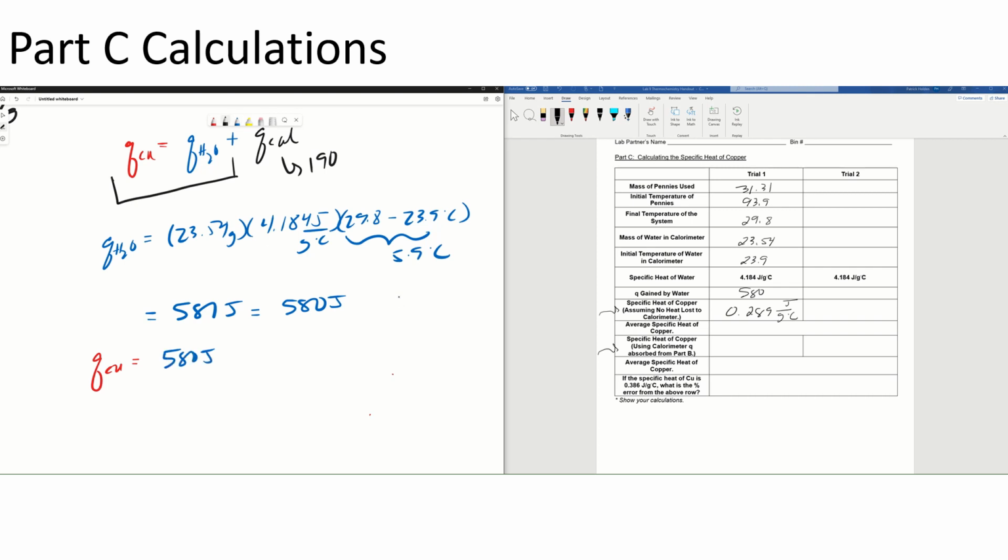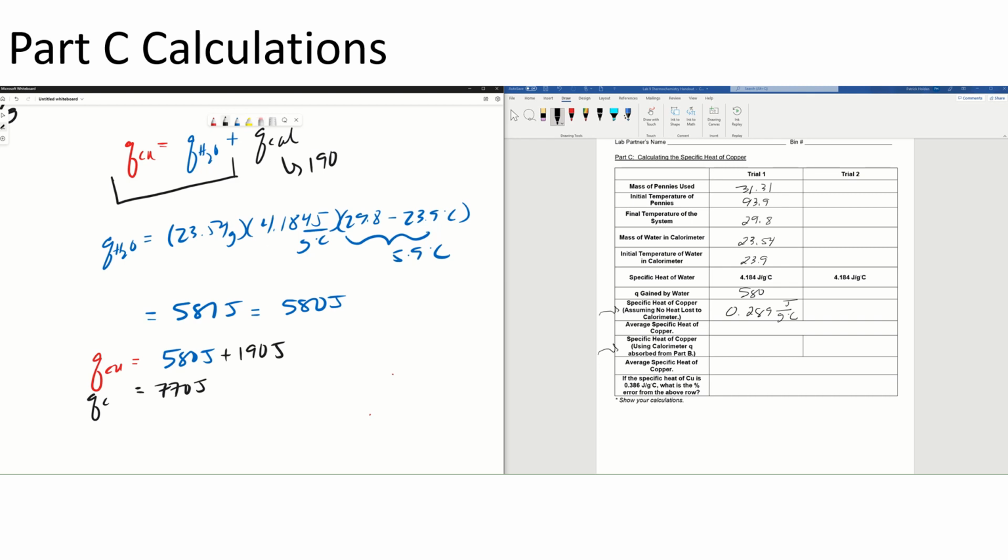And I know that the calorimeter absorbed on average 190 joules. So here I have 580 plus 190, which gives me 770 joules. And that should be equal to the Q of the copper, of the pennies.